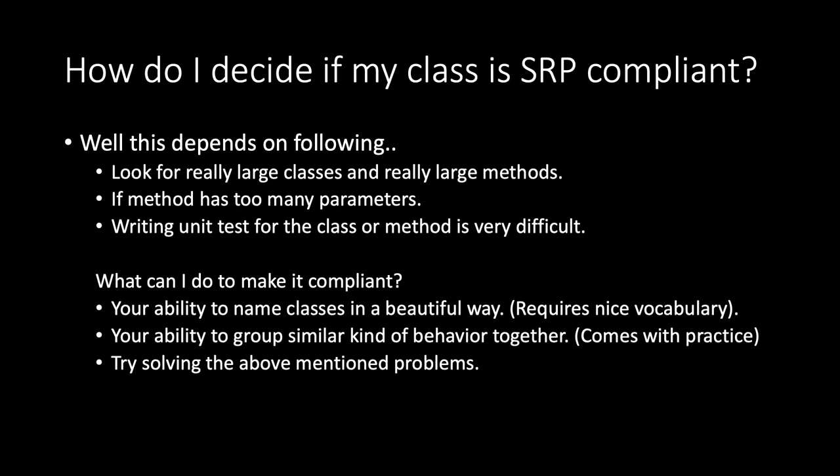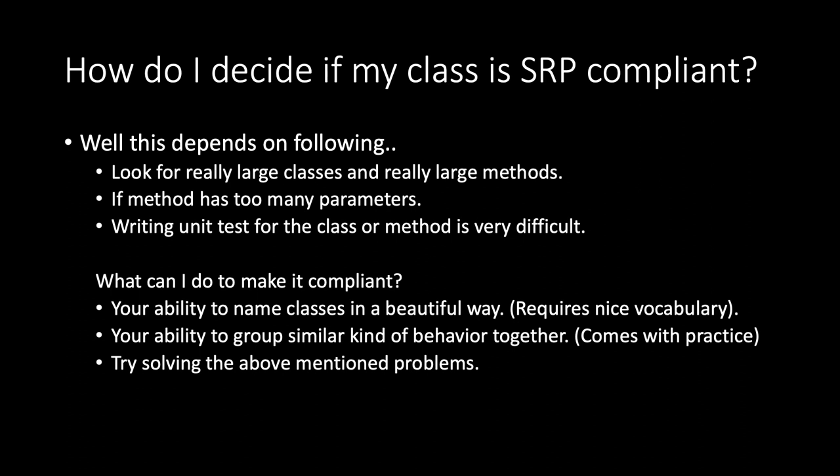Along with that, if you can solve the other 3 problems which I mentioned before, like really large classes and really large methods, try refactoring those classes to smaller classes, try refactoring those methods to smaller methods, try reducing the number of parameters to a method, and try writing a unit test for it. The process of writing the unit test itself will make you refactor the code such that it becomes more compliant to the single responsibility principle.